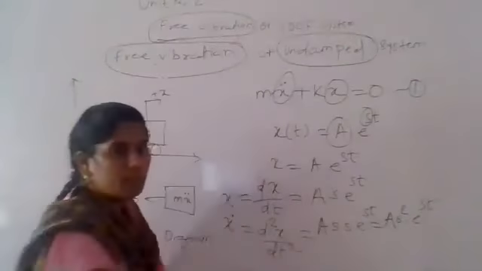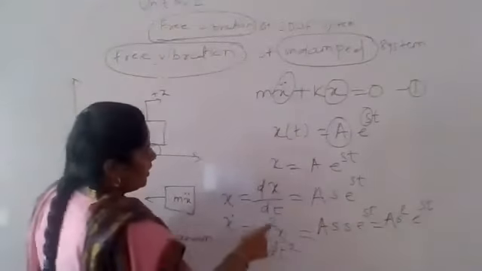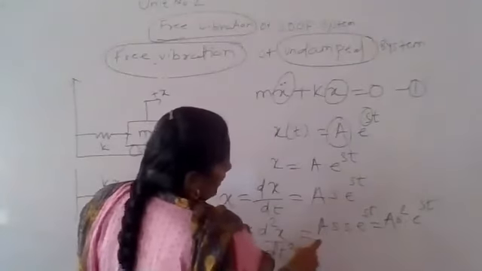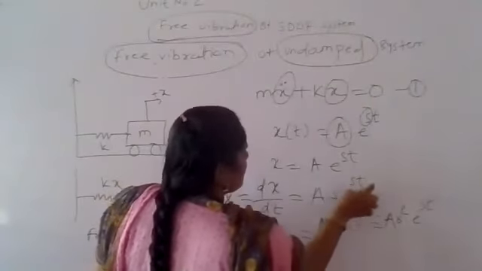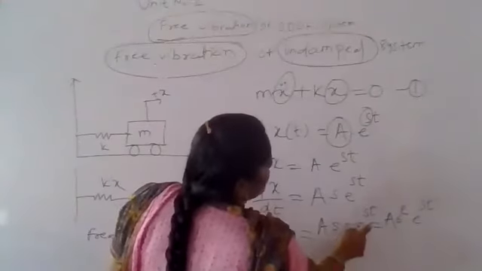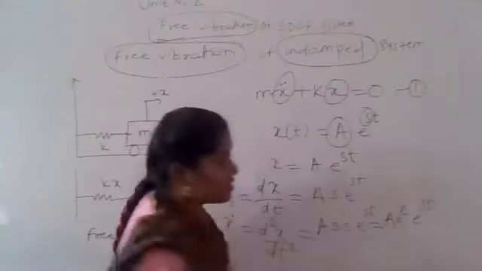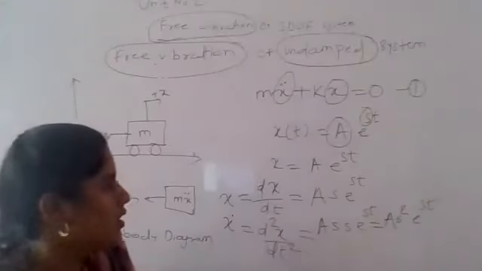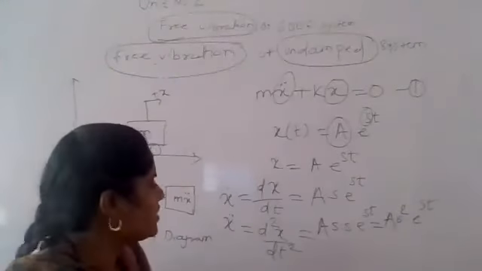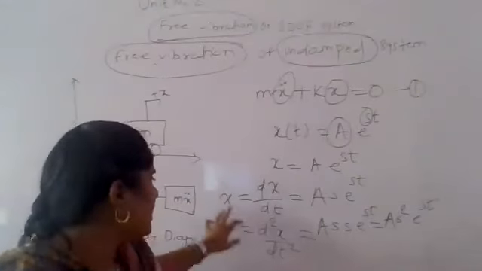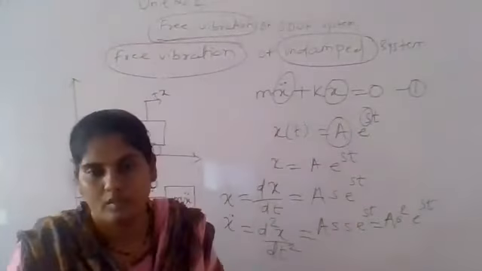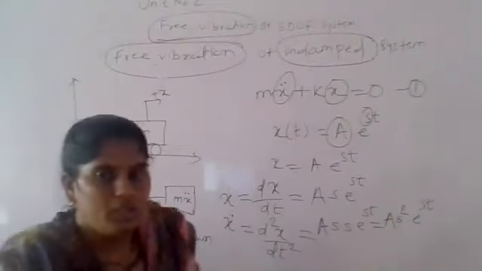If we take the second derivative, d2x by dt square is the second derivative of this, where a into s, and the derivative of e raised to st gives s into e raised to st, so it becomes a s square into e raised to st. Okay, so all of you put these two values, the x value and the x double dot value, in equation number 1.